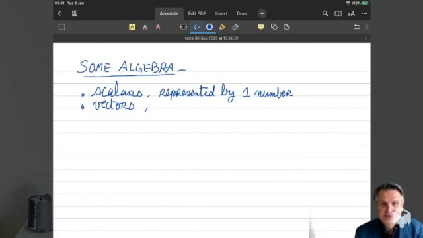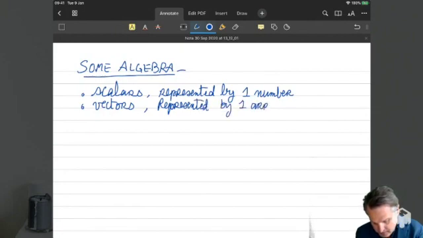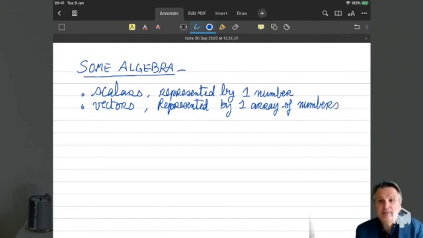If you remember, we needed vector quantities, and then we developed a whole algebra, adding vectors, subtracting vectors, taking products, whatever that meant, dot products, cross products, and so forth. And vectors were represented by one array of numbers. So if we were in a three-dimensional world, there were three components. If you had vector A, you had A1, A2, A3, the three components of the vector.